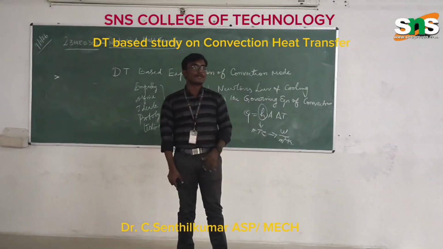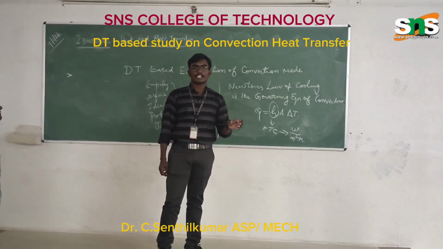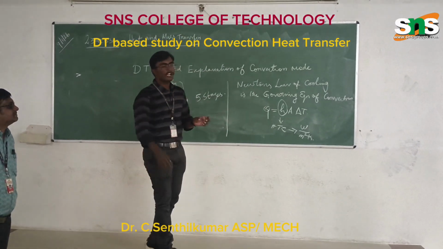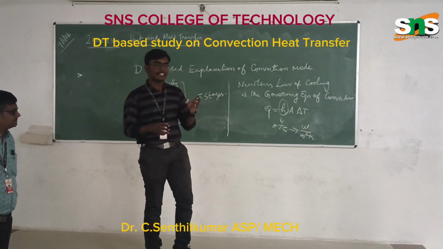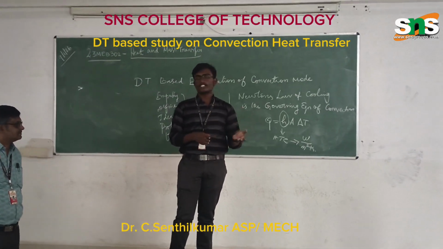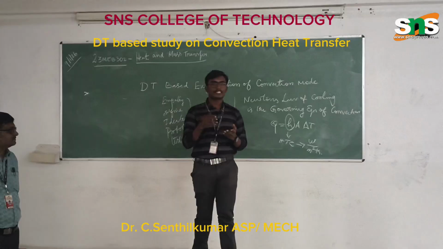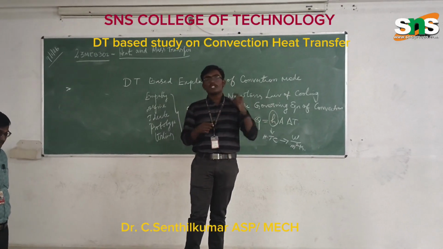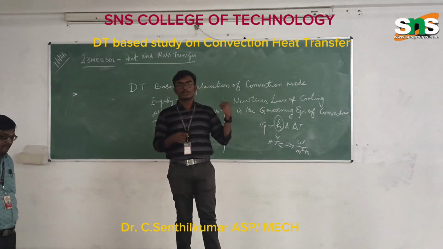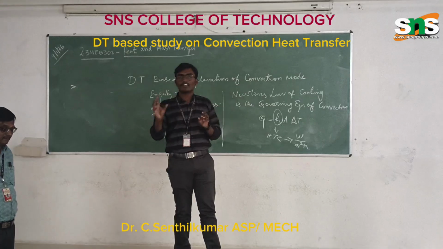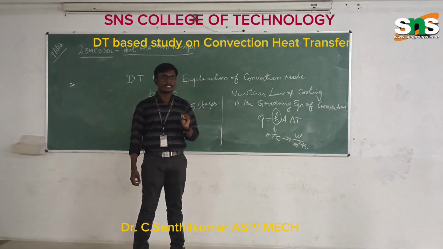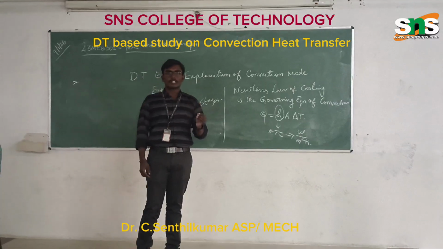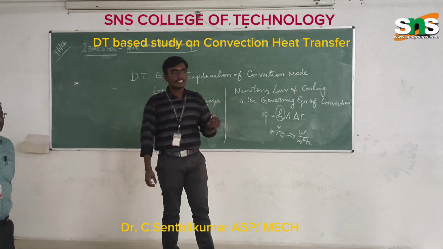Sir, Magesh. As Palak explained, convection is the process that happens by fluids. Let's see it completely through the design thinking framework. Design thinking is used in many industries to solve problems. Now, in the thermal case, we are using it to understand what convection is. The design thinking framework has five stages: empathy, define, ideate, prototype, and test. Let's see what empathy is.